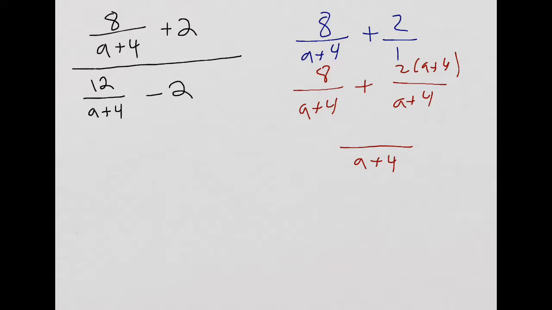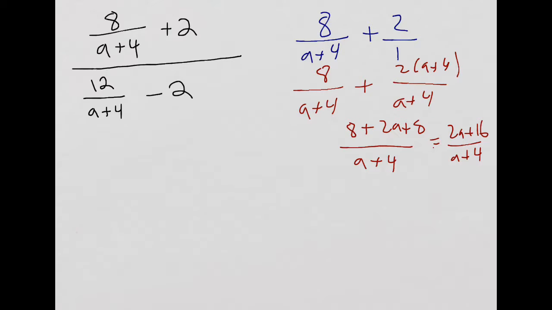We get 8 plus 2a plus 8 when you simplify that, which is just 2a plus 16, all over a plus 4. This is what the numerator is equal to. There's one fraction now. That's good.